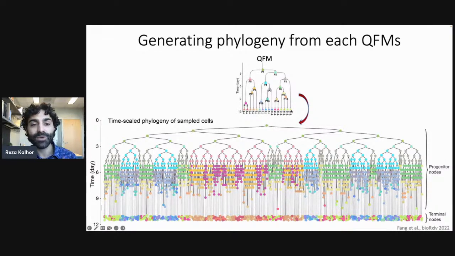And then we randomly connect each cell to its ancestor, resulting in a phylogeny such as this one. And every time we repeat this process, even based on the same quantitative fate map, we are going to get a different phylogeny, which captures the stochasticity that we will observe in real biology as well as barcoding experiments.